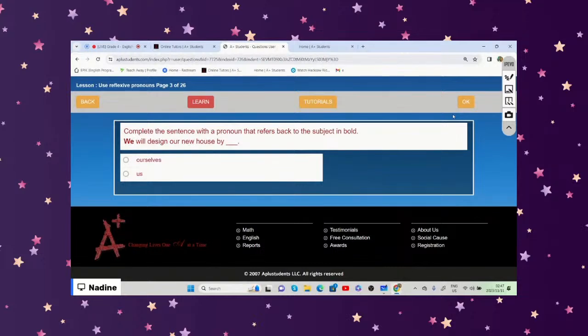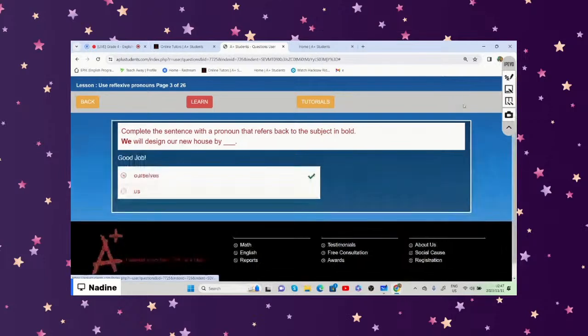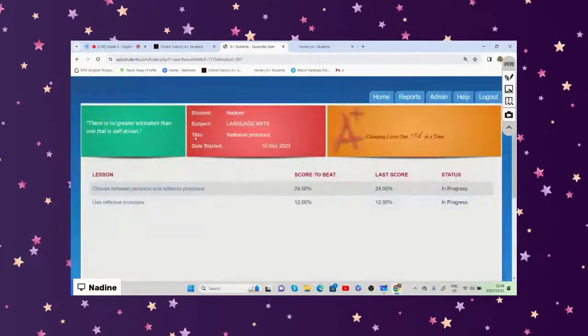And we will design our new house by ourselves, or we will design our new house by us. We are referring back to we. So is it ourselves or is it us? And we will say ourselves. So well done. Ourselves is correct.